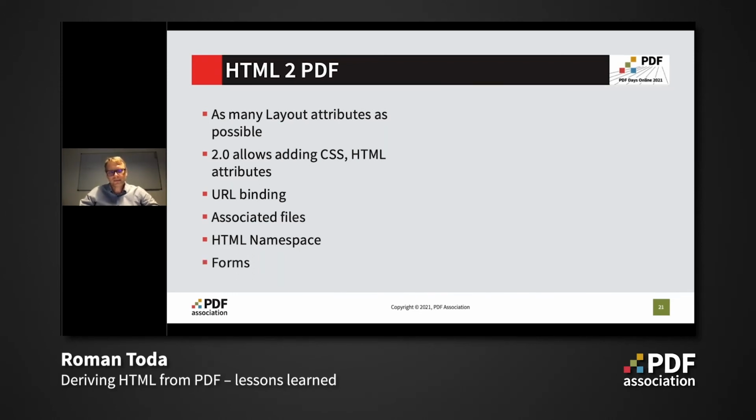So in a nutshell, all the things we implemented and tried: converting things to layout attributes, adding CSS and HTML attributes. I have to say that we didn't experience any problems with combining these attributes. I would say the golden rule is to include as much as you can. URL bindings. That's a tricky one, especially when you see it through PDF lenses.